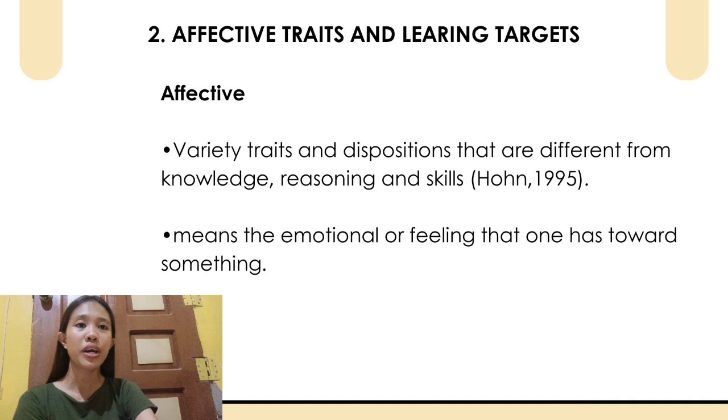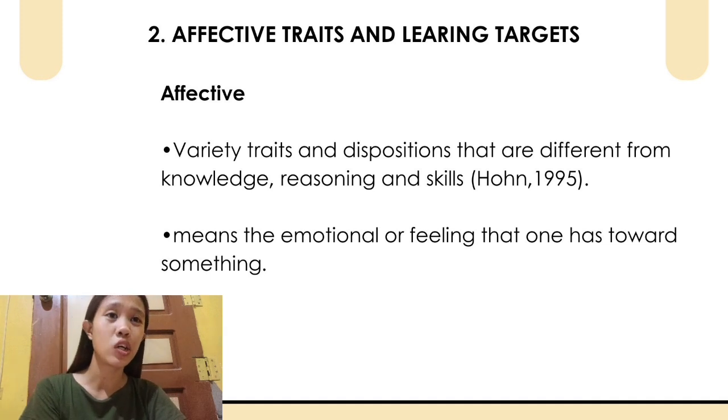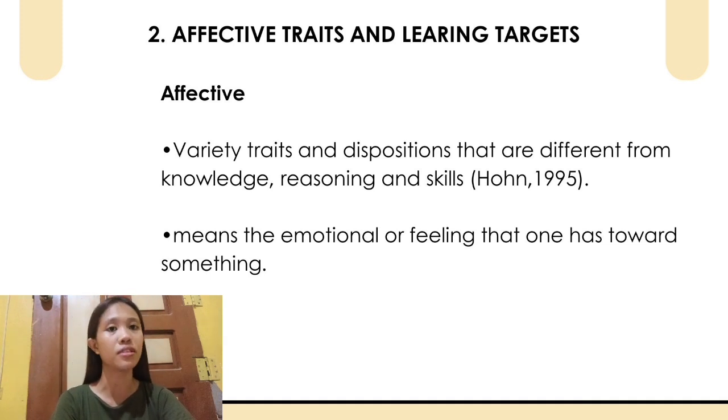So, number two, we have the affective traits and learning targets. Affective refers to traits and dispositions that are different from knowledge, reasoning, and skill. So that is according to Hart 1995. This means the emotions or feelings that one has towards something. Technically, this term means emotions or feelings that one has towards someone or something.